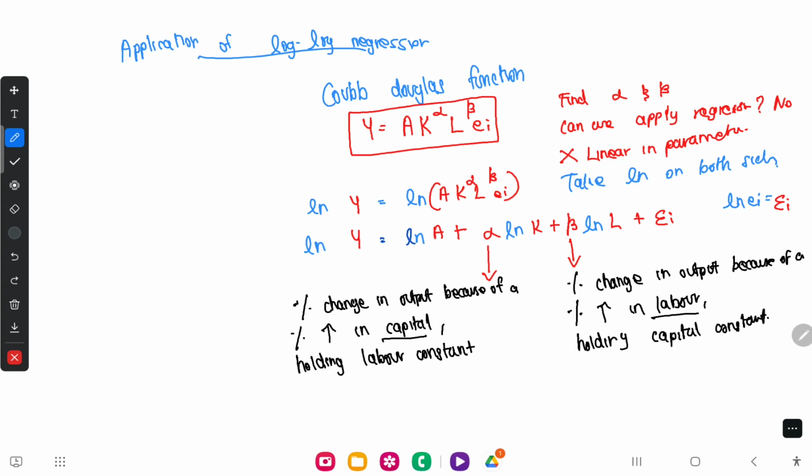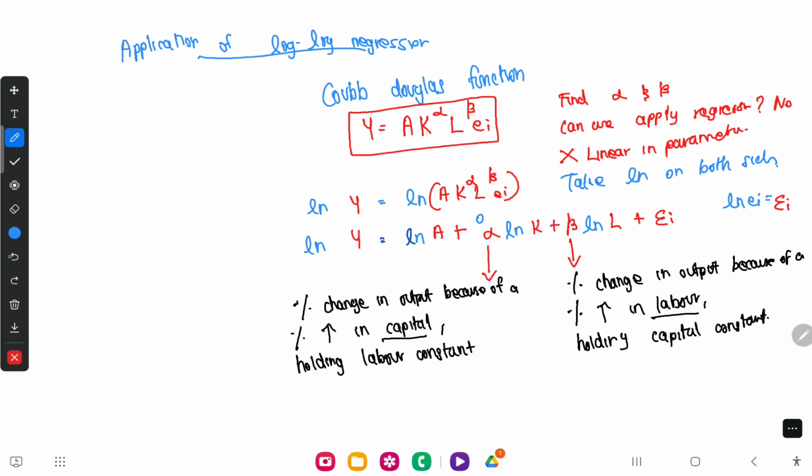So if this alpha was 0.5, we say that a 1% increase in capital will cause a 0.5% increase in output. If this beta was 0.3, then we say a 1% increase in labor has resulted in a 0.3% increase in output.